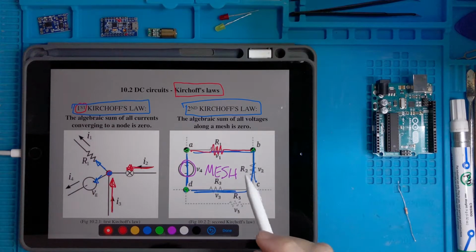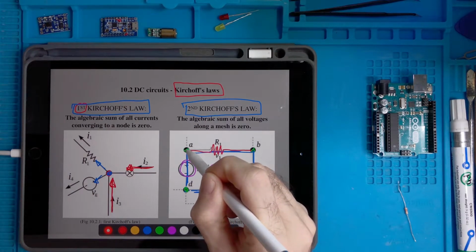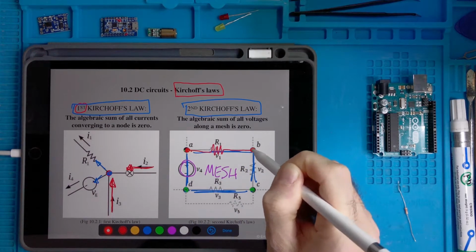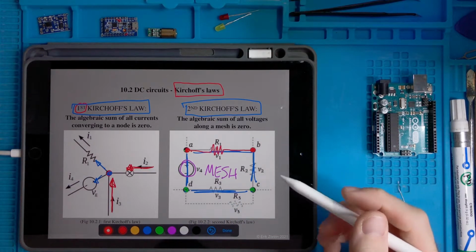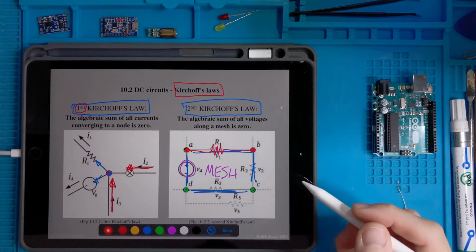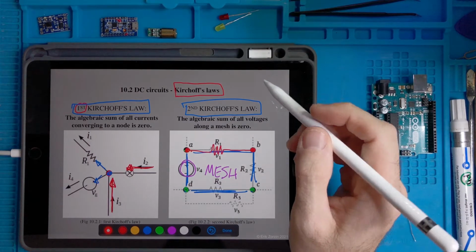Voltage drop means the voltage that I can measure across a component which has two poles, also called a bipole component. Capacitors and inductors are also bipole components.